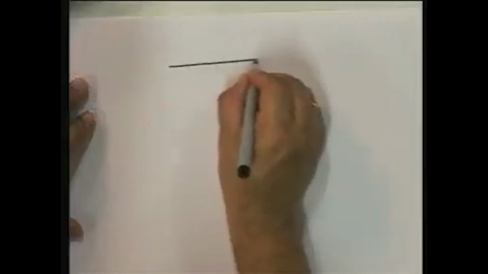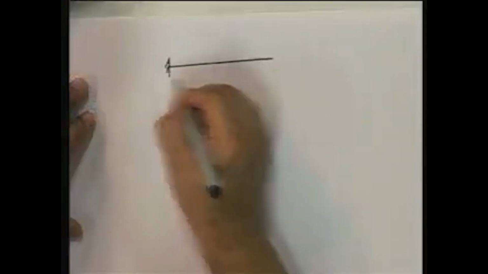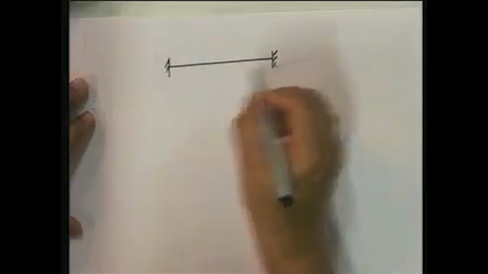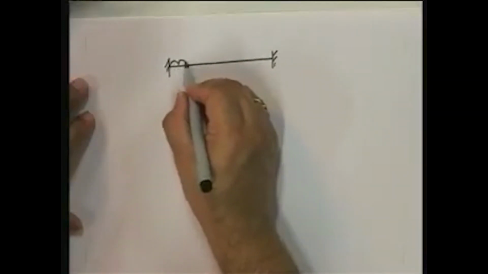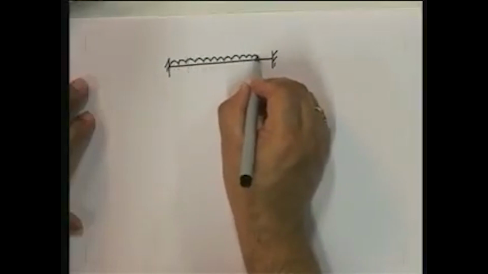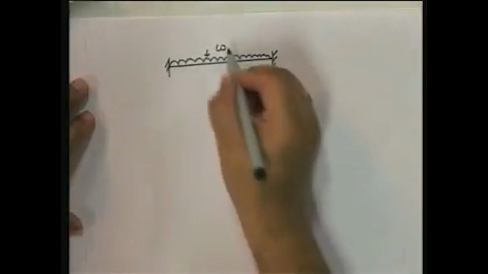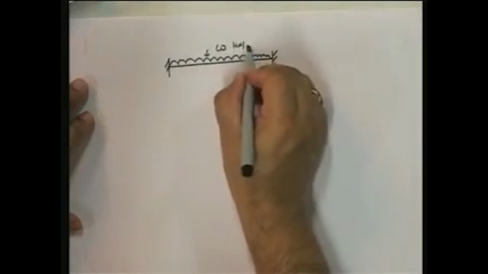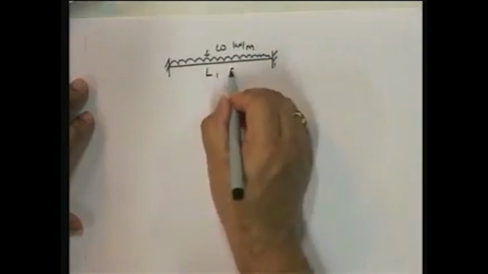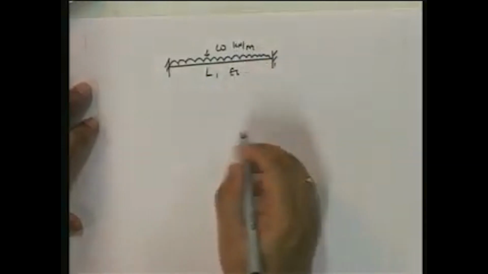So let me again take this. Let me take this case. W kilonewton per meter, length L, EI. What are the fixed end moments?